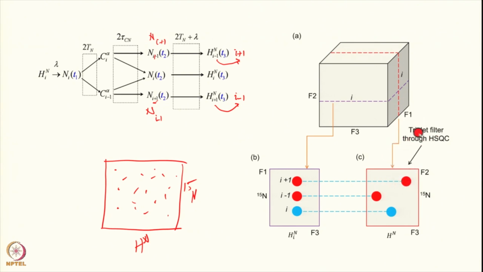Therefore this is called a triplet filter through the HSQC spectrum, and this is extremely useful because you immediately know which plane you have to go to identify the next residue. You do not have to scan through the N15 planes as in the case of HNCA to figure out where the C alpha becomes a self peak.